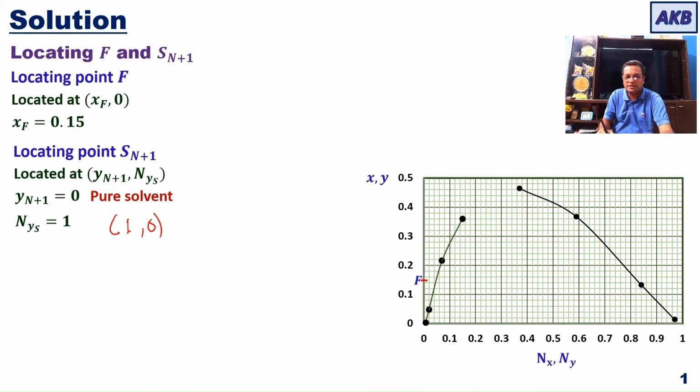That is, it will be located on the x-axis where N_S is equal to 1. So you locate N_S equal to 1, and you will have point S. After locating point S, the next task is to connect F with S(n+1). Points F and S(n+1) are connected by a straight line, and we have this straight line.